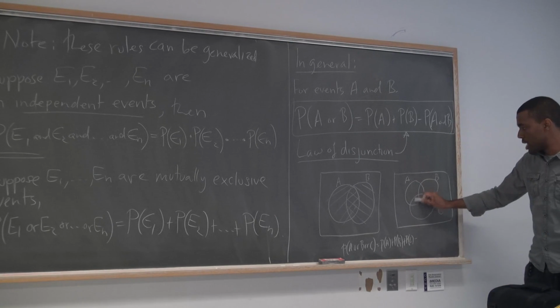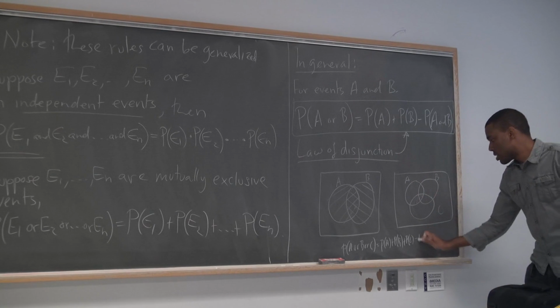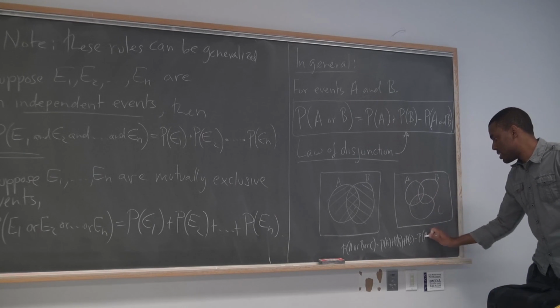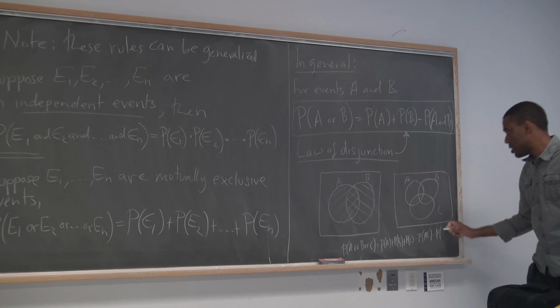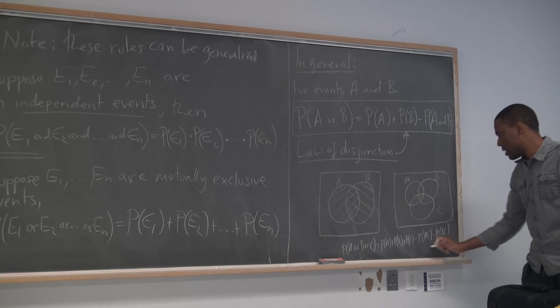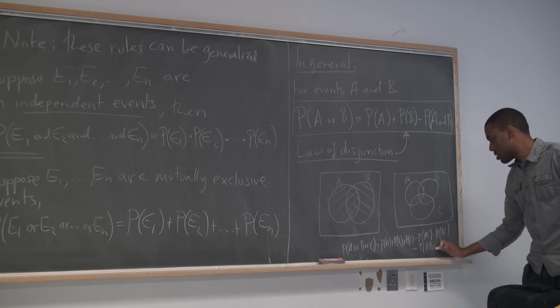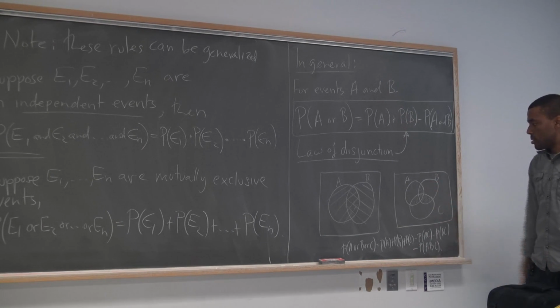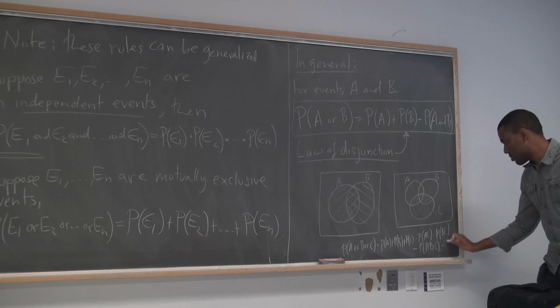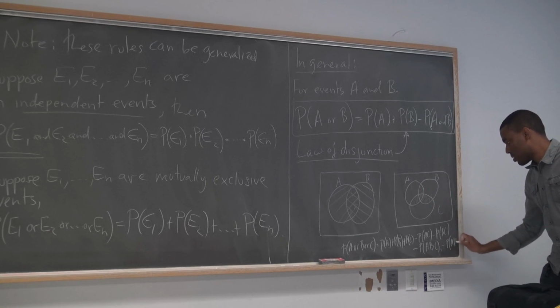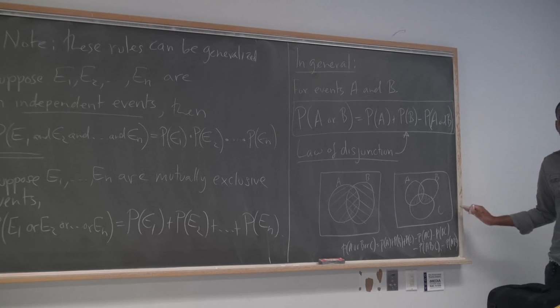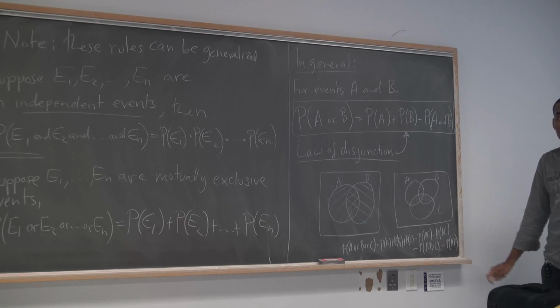So you have to subtract the probability of A and B, the probability of A and C, minus the probability of B and C, and then add back the probability of A, B, and C. So the bigger you get, the worse it gets if you don't know they're mutually exclusive.